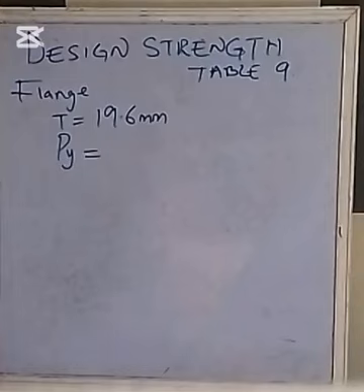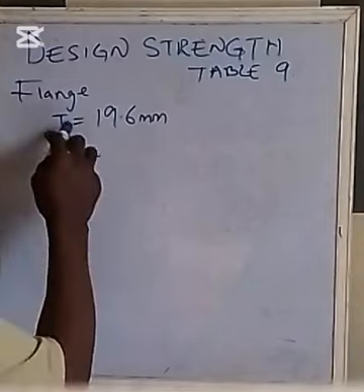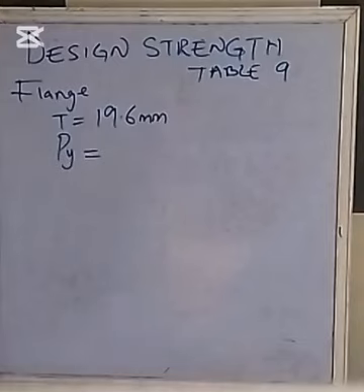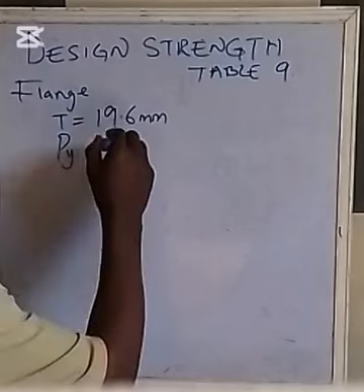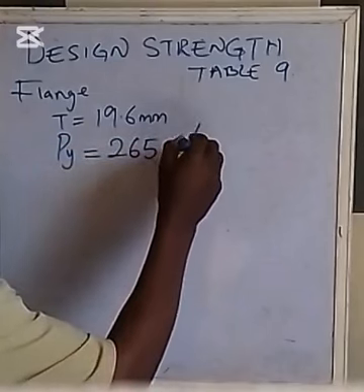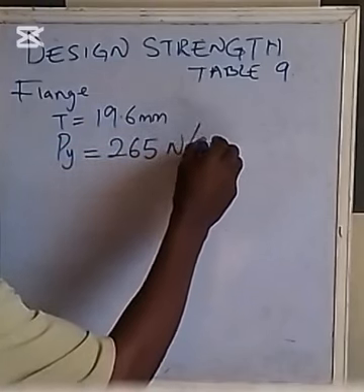But because the value T, which is the thickness of our flange, is less than 40 mm, our Py is going to be 265 Newton per millimeter square.